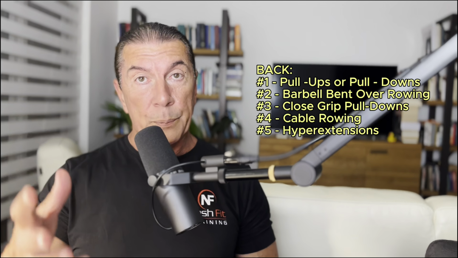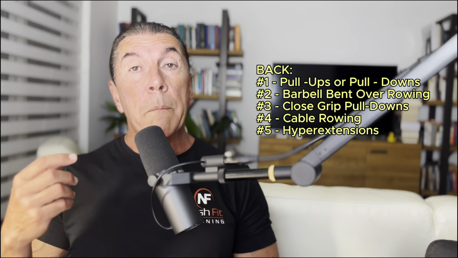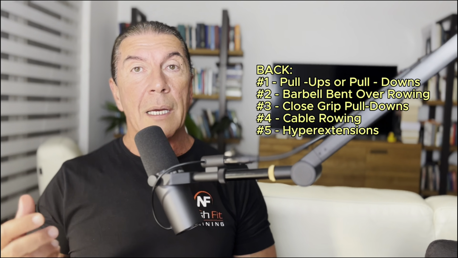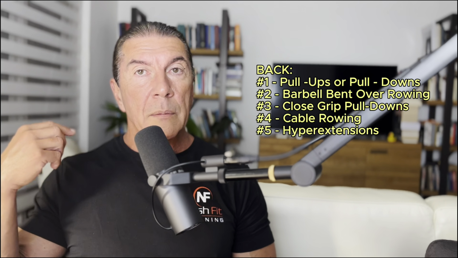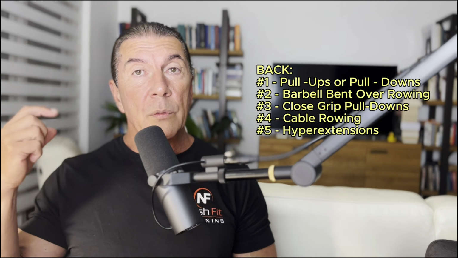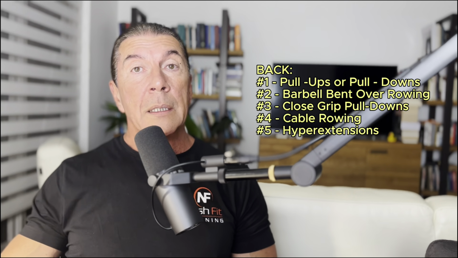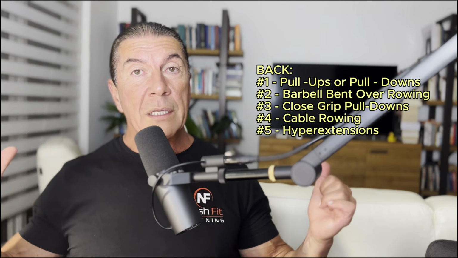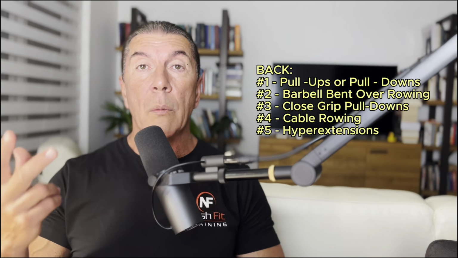Now, if you cannot do pull-ups, you can substitute that with pull-downs. I advise pulling to the front because of the shoulder problem when you go behind the neck. For some people, it can be very bad. So to the front, wide grip. So this is the first exercise, pull-ups or pull-downs.